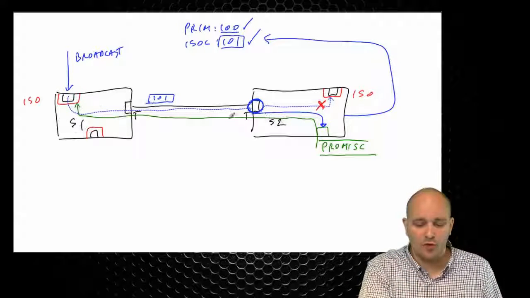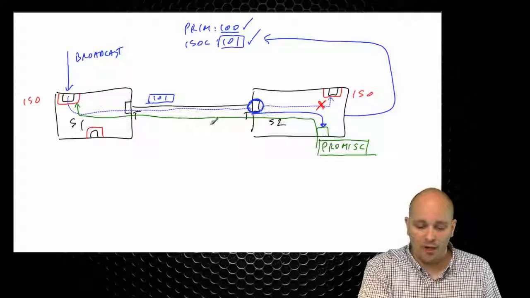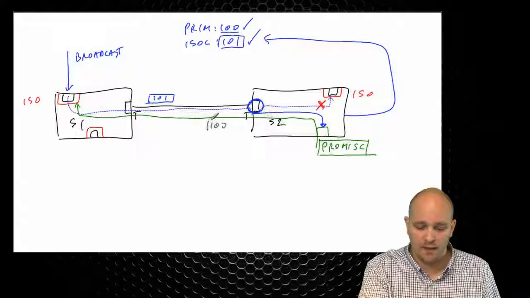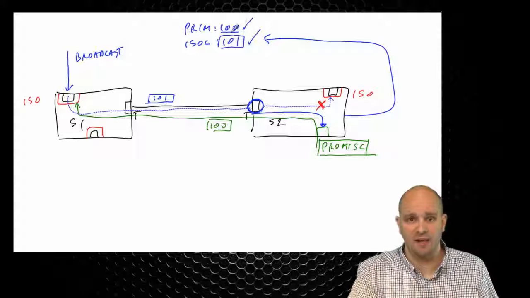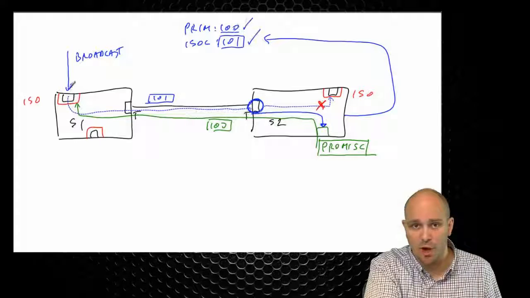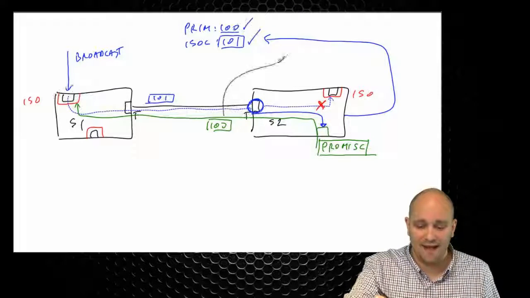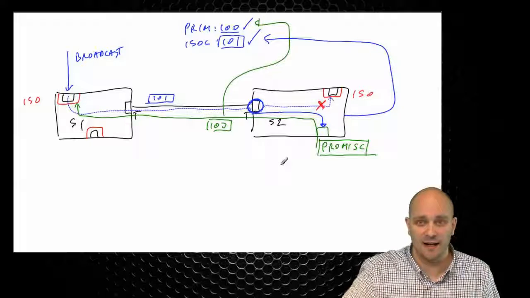This is why the return traffic going from the promiscuous port will actually be tagged as the primary VLAN ID. So this traffic going from switch 2 to switch 1 in response to this traffic will actually be tagged as the primary VLAN ID.